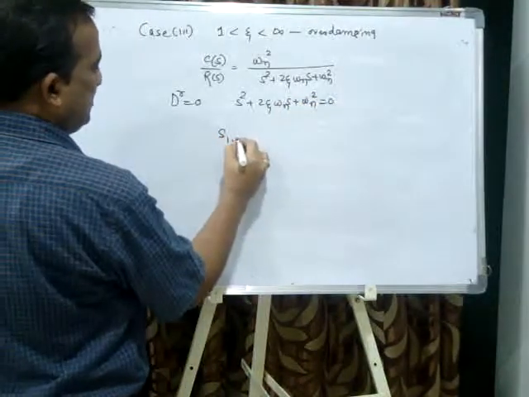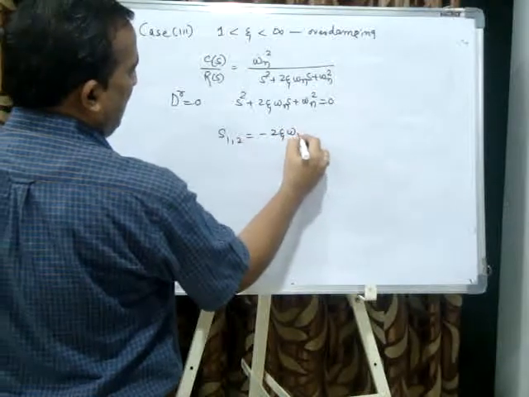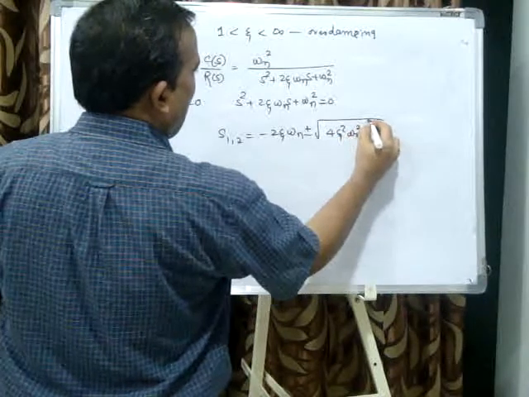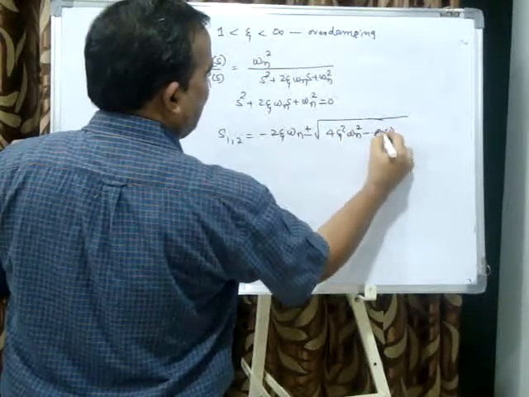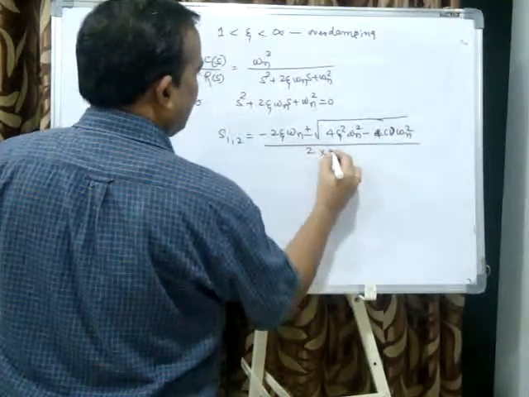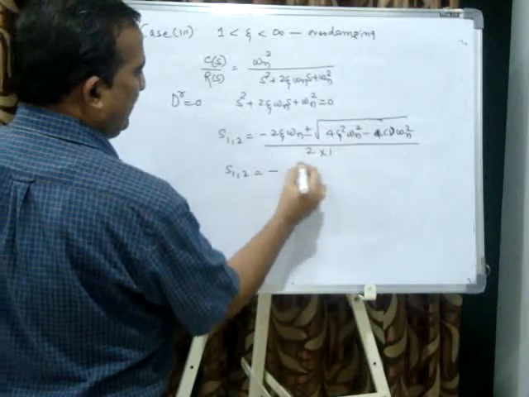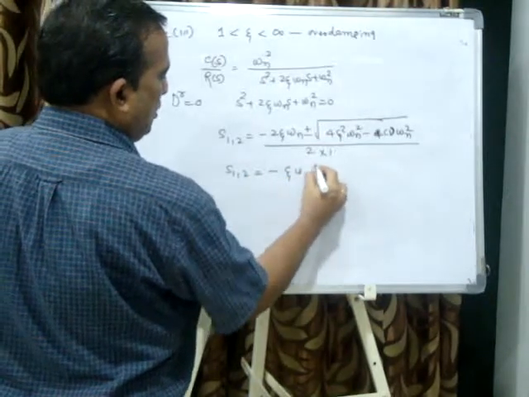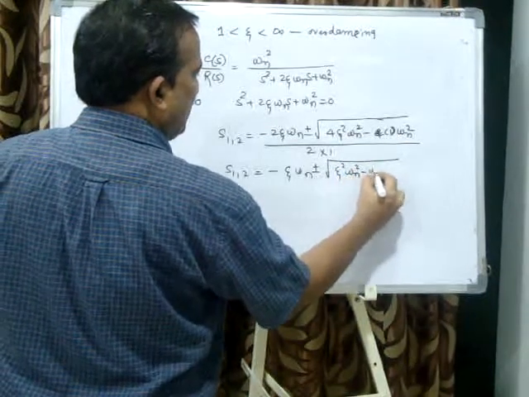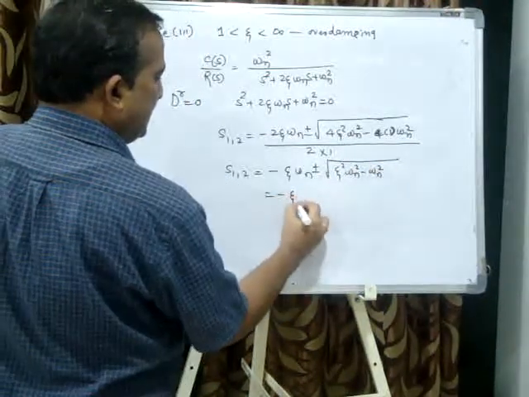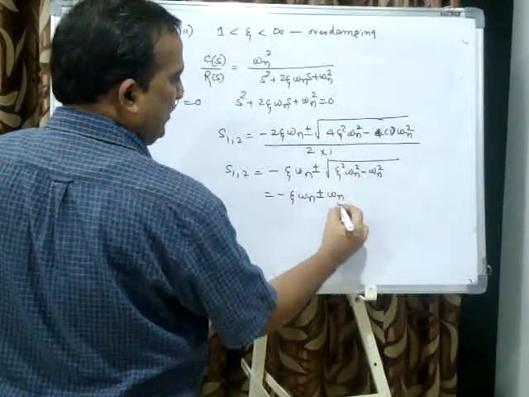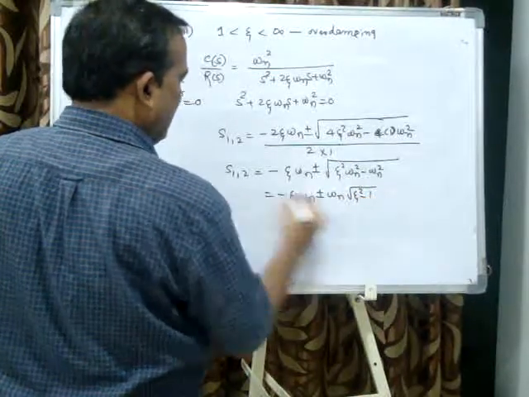Here I'll find s1,2 equals minus b plus or minus square root of b square minus 4ac divided by 2a. Now s1,2, if I divide this, it goes under the root, it becomes 4 zeta square omega n square minus omega n square. Now I'll take omega n square common, then outside the root is omega n root of zeta square minus 1.